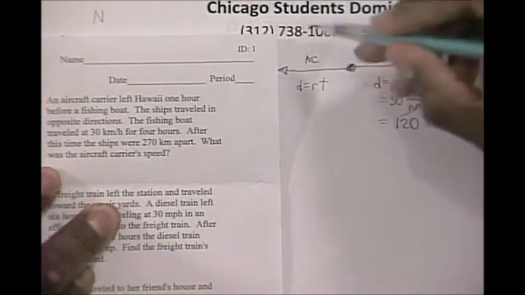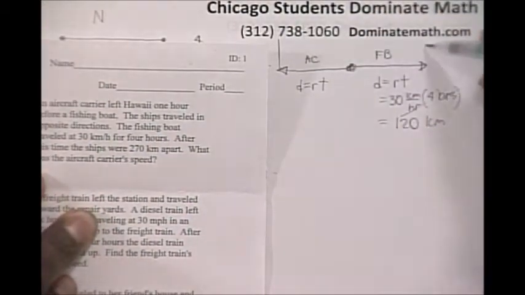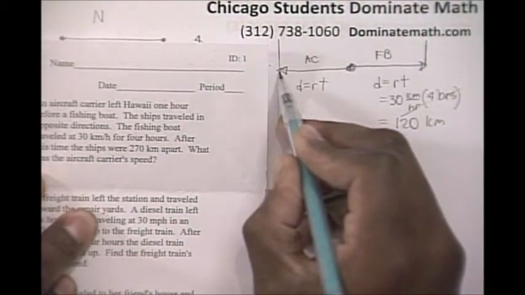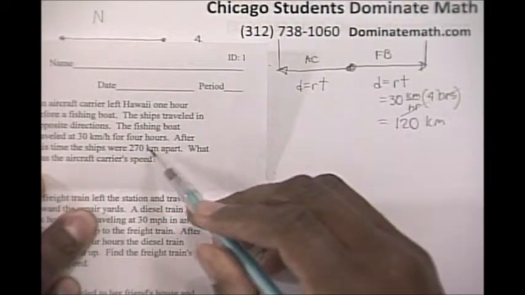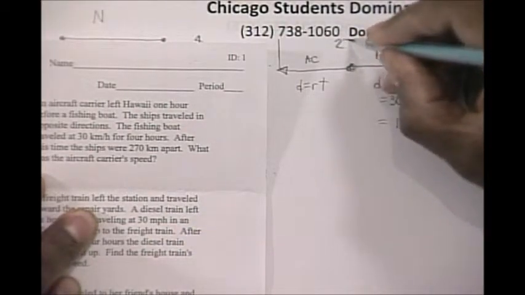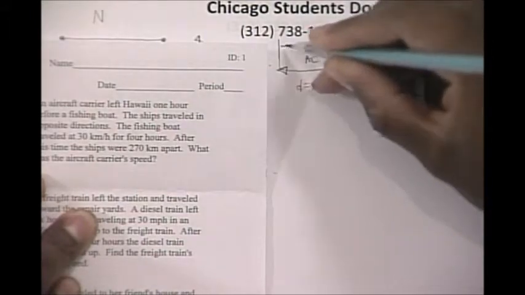Now it says after this time, the ships are 270 kilometers apart. Hopefully we can put this up top here so it's clear to people. You've got the fishing boat traveling in this direction and the aircraft carrier traveling in the other direction. Let's make that distance 270 from here to here.